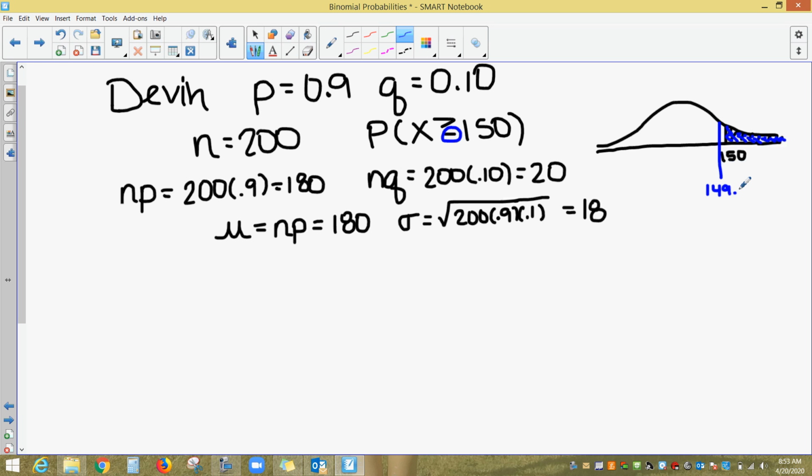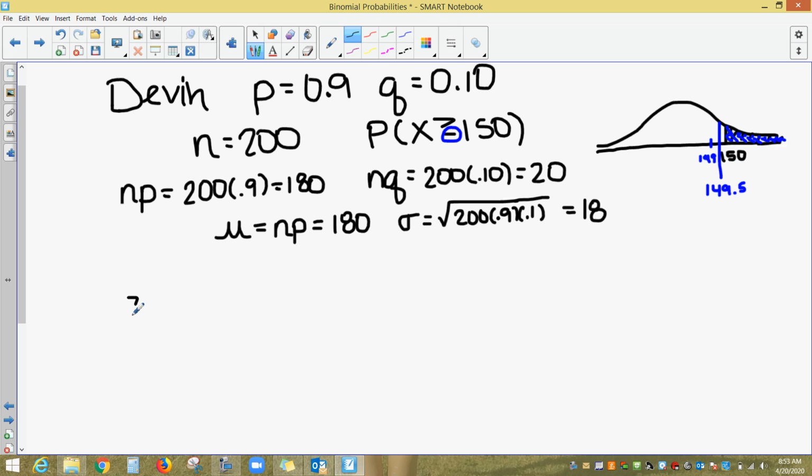While it's not possible for Devin to make 149.5 free throws, if we make this a continuous situation, he could make 149 or he could make 150, but we have to pretend he can make anything in between. So if we're talking about 150 and bigger, then anything from 149.5 and up falls into this category.